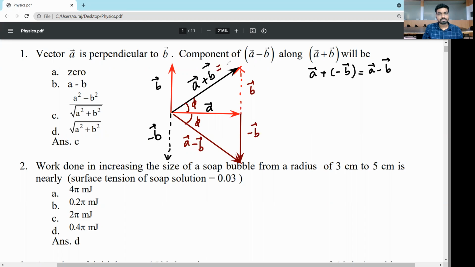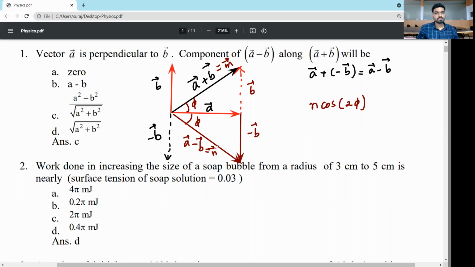Let us name this M vector and this N vector. I want the N vector component along M. So that means N cos 2 phi. It will be N cos 2 phi.